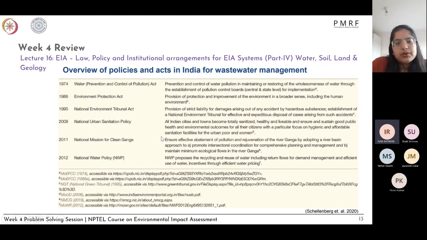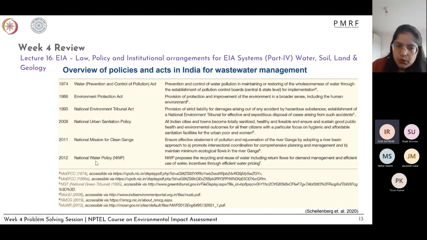Prior to the National Mission for Clean Ganga, we had industries pouring their wastewater into the river, which caused large water pollution in the river. That is when the need for a clean Ganga was realized, because Ganga is one of the holy rivers considered in our country. So this is a mission which is ongoing, and it has these two major mandates to follow or achieve.